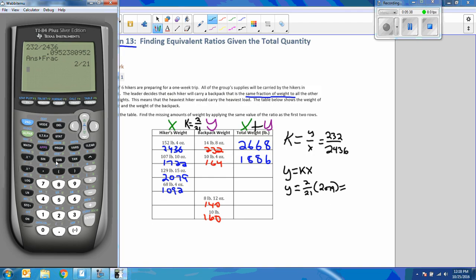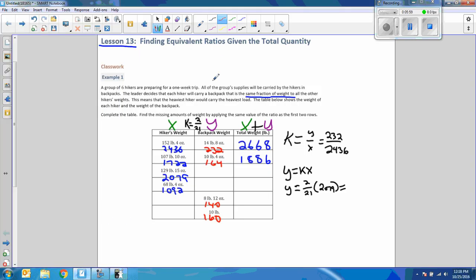So that is going to be 2 divided by 21 times 2,079. And that is 198. Okay, so I'm going to come over here, and this is 198.